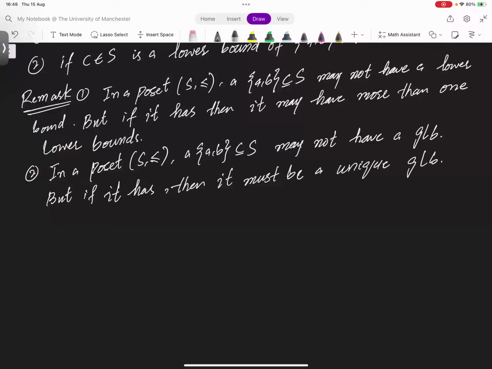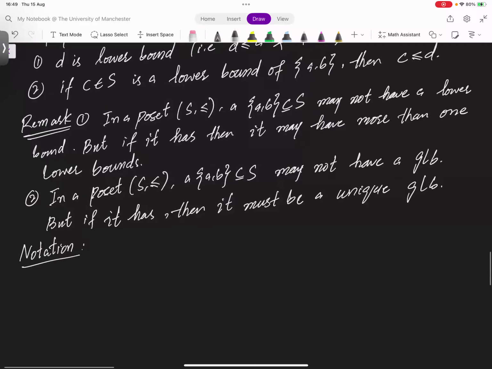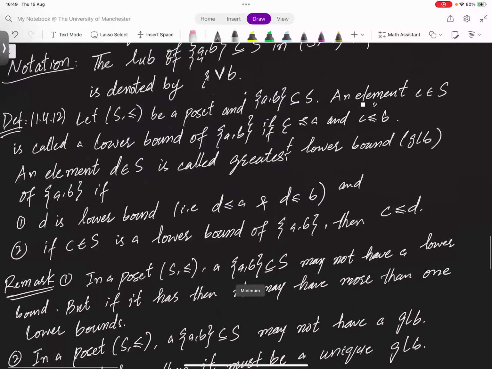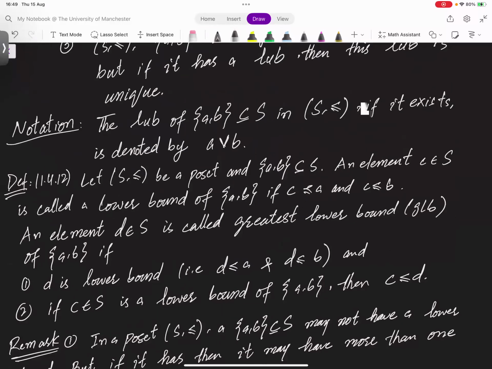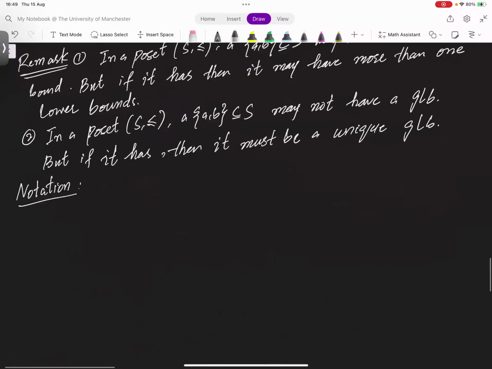Perfect. The notation for the greatest lower bound, so I should write this. This is for LUB and this is for GLB.